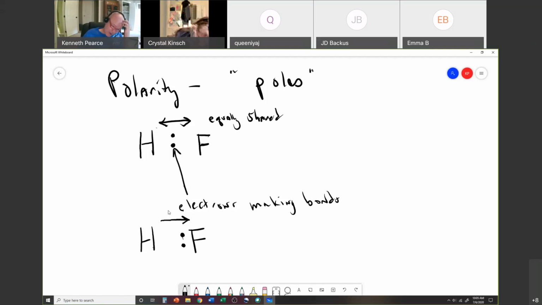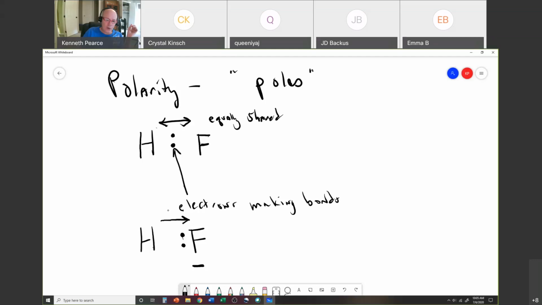Now, what's the charge on an electron? Electrons are negative. And so if electrons are negative, these two electrons here are going to spend more time on the fluorine. And if they spend more time on the fluorine, then this end of the molecule will be slightly more negative.